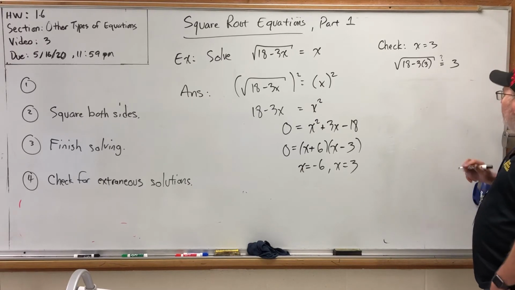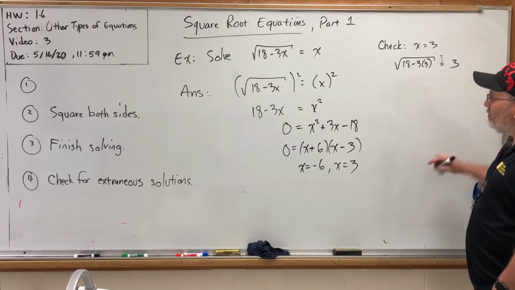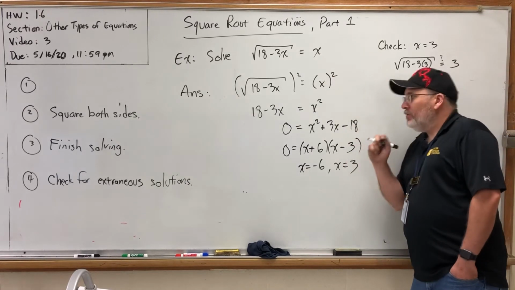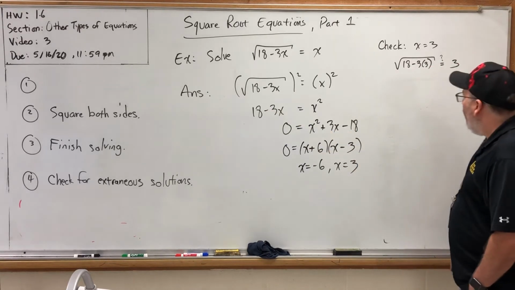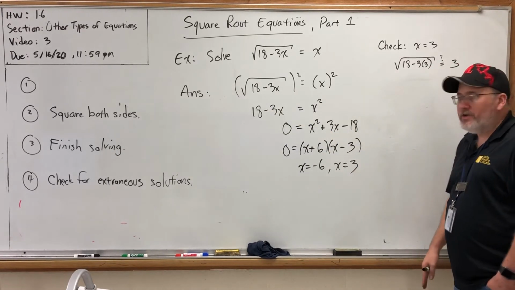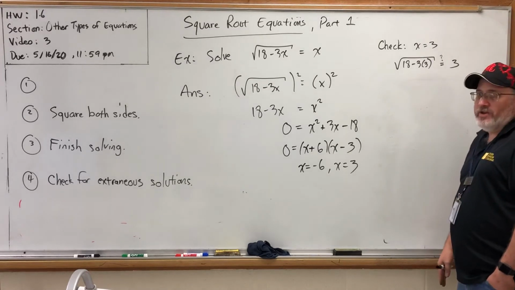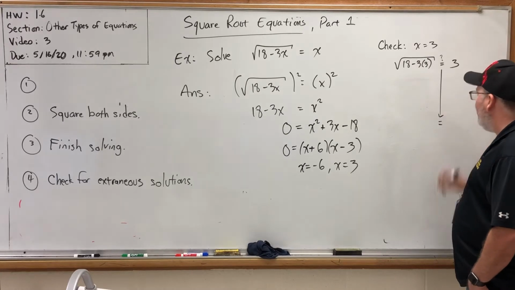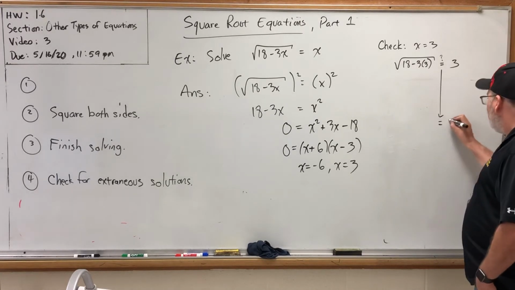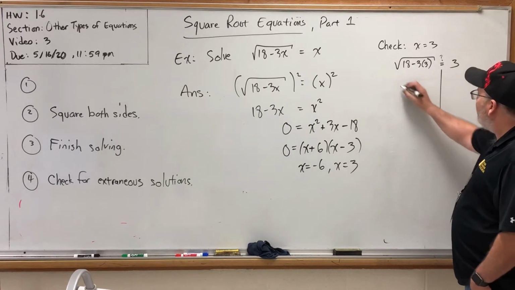You may not see it in the book or in the homework, but I like to do that when I'm checking a solution. And when you check a solution, you can't do things like square both sides. Moves like squaring both sides or moving things from one side to the other only work on the assumption that things are equal. We're checking to see if they're equal, so we can't work under that assumption. Instead, you work each side individually. The right side is just 3. Well, what's the left side?